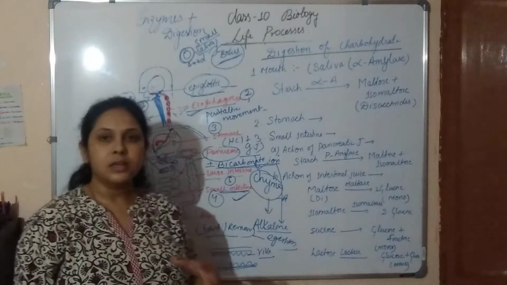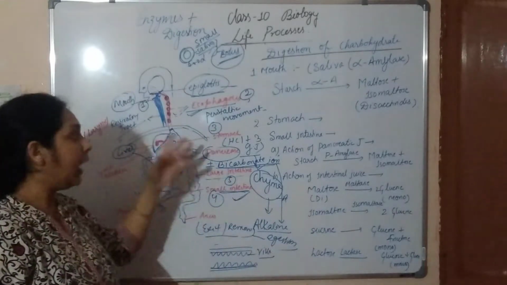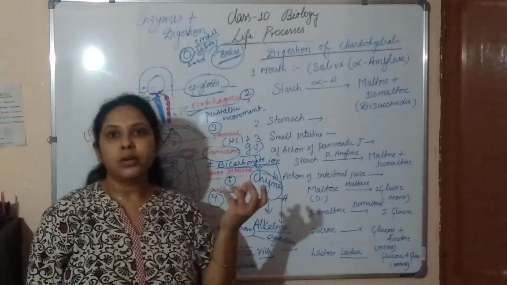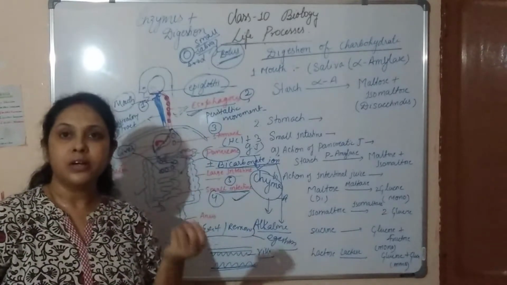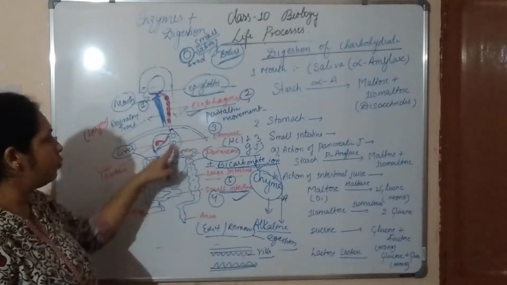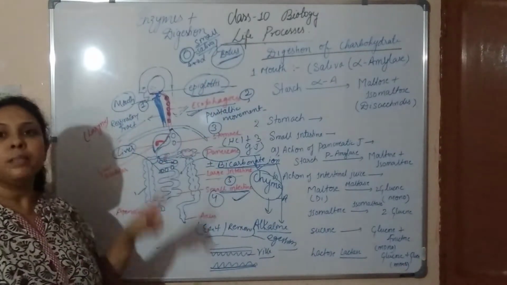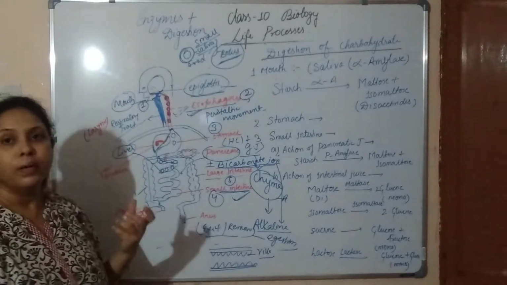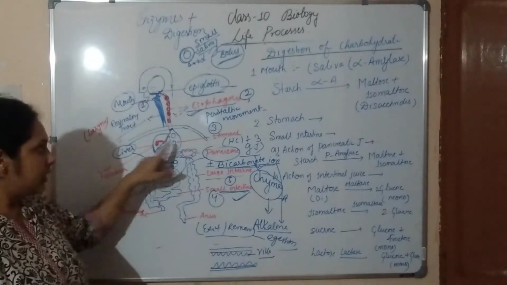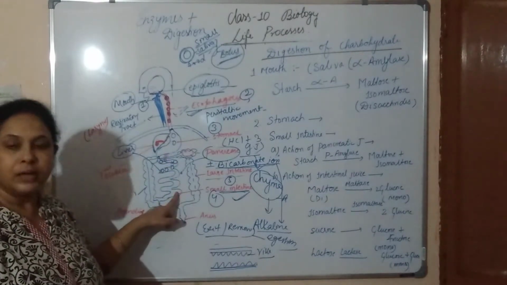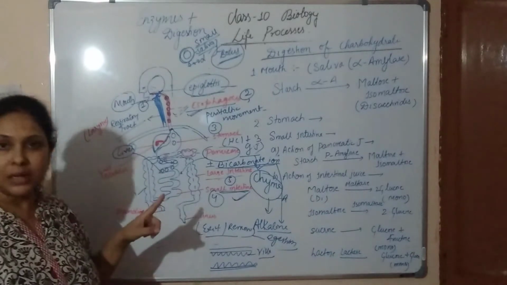In the esophagus no digestion takes place. The food mixed with saliva and converted into small particles is known as bolus, and then the bolus moves towards the stomach, which has gastric juice that helps in the digestion of protein, and HCl is also present. Then the food moves towards the small intestine where the complete digestion takes place.